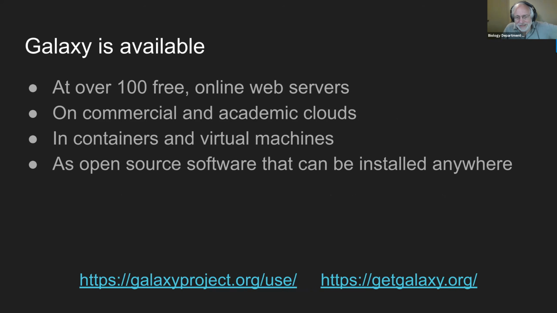People have published it in containers, so Docker and virtual machines, so you can launch it on your laptop very easily. It's also open source software that can be installed anywhere, and that is the most common use case for Galaxy, it's installed all over the world, at research institutions, universities, usually behind firewalls, but that is our most popular deployment.